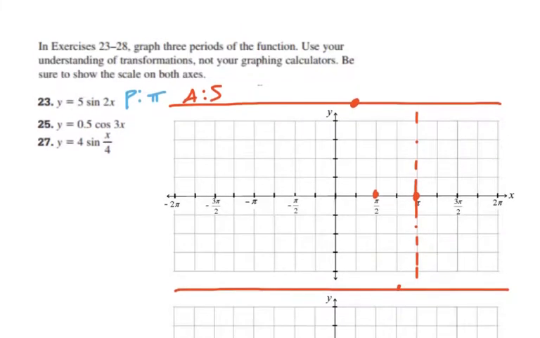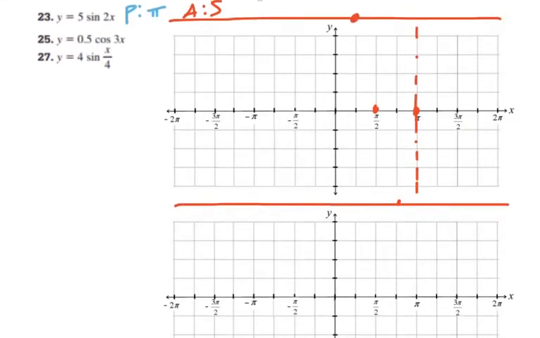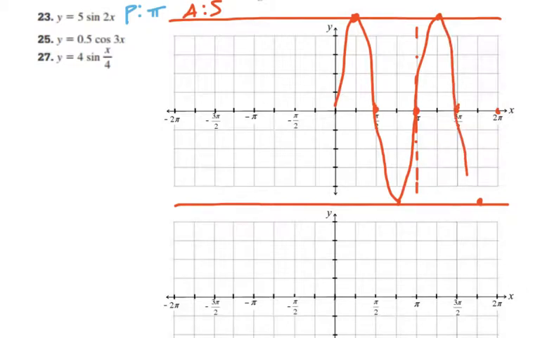And they want 3 periods, which we'll be able to fit. So here's one period going all the way down and up again. And then we'll do another one, all the way up, down.